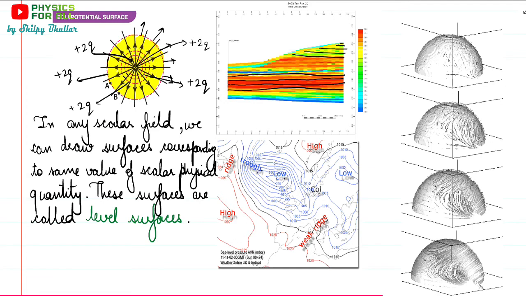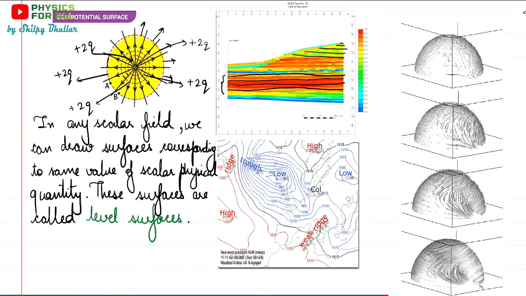Basically you can see these steps. All these steps show different surfaces, and in this particular region where we have these orangish red surfaces, these are isothermal surfaces.